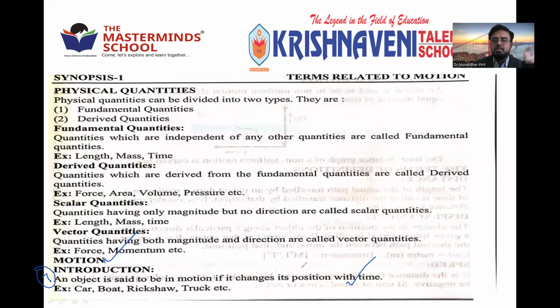So an object is said to be in motion if it changes its position with time. Write it as the 7th point. Examples, you can write car, boat, aeroplane, cycle, or auto. Everything comes under motion when a body is changing its position with time.